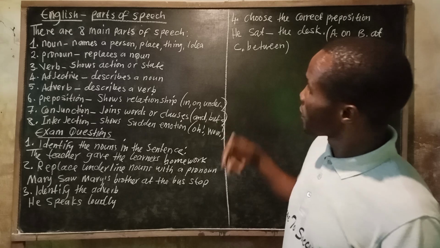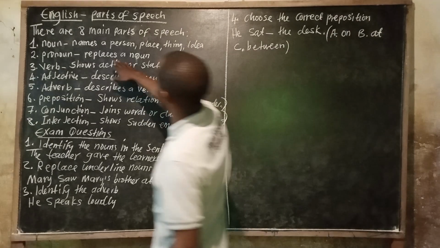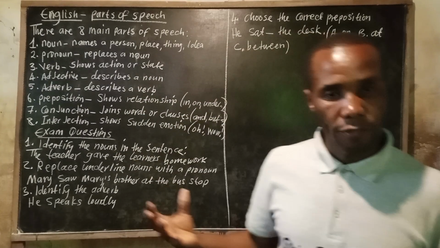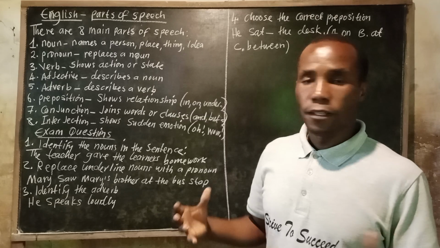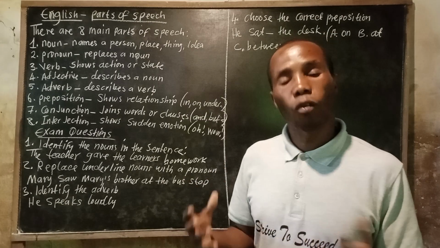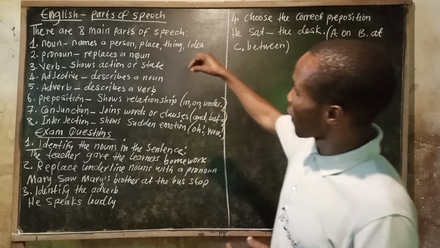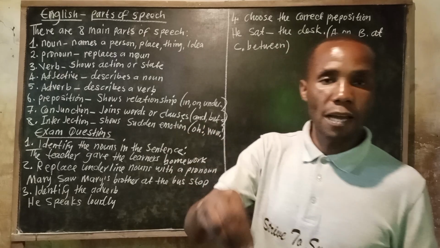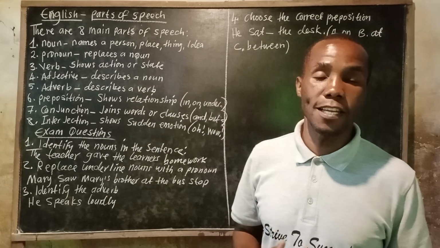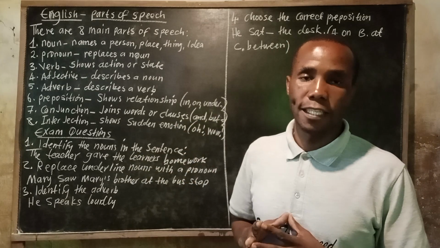Then the second one is pronoun. A pronoun replaces a noun. Something that you are supposed to call by its name, now you are going to use a pronoun. Good examples of pronouns: when we talk of a girl, that is she; a boy, he; and anything, it.